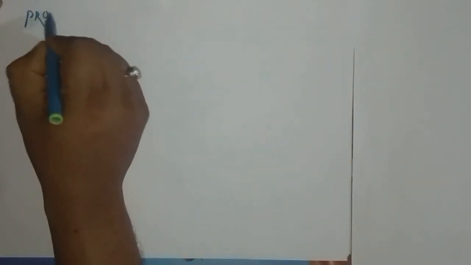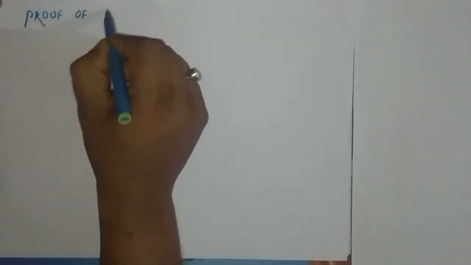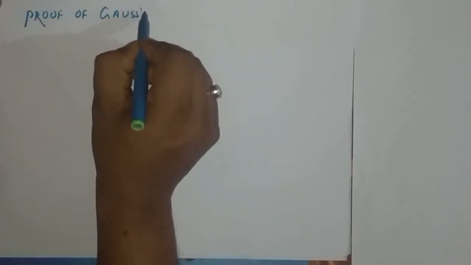We need to prove it. Let us start. From here, famous 2-mark or 3-mark questions can be asked. Listen to those questions: derive Gauss law, or proof of Gauss law. So what I am writing here, proof of Gauss law.